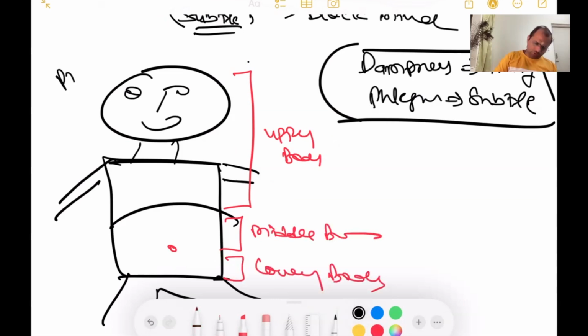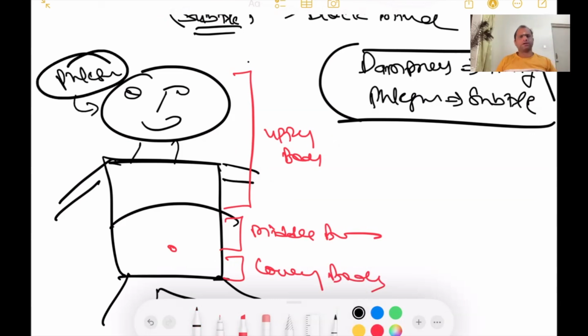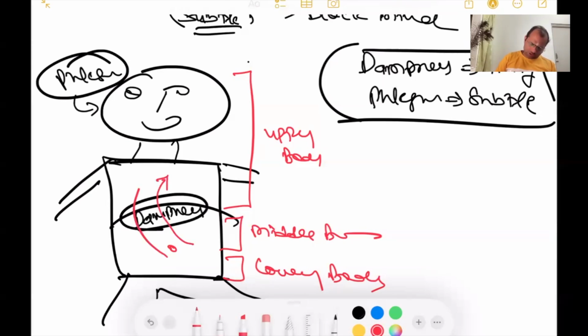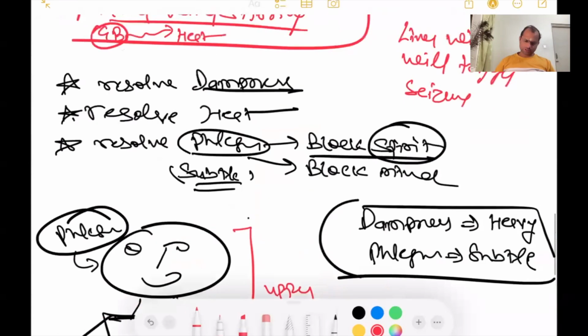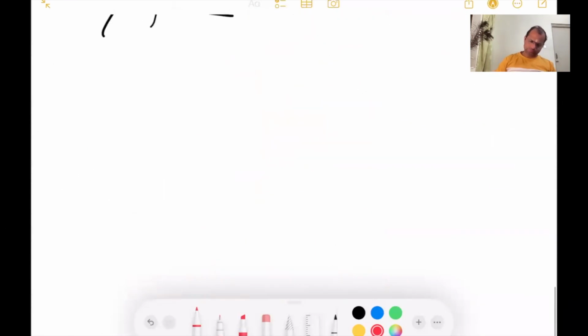So phlegm will work here. It might work anywhere, but phlegm is obstructing the mind, obstructing the spirit. And dampness will be creating blockage here. Dampness यहाँ पर blockage पैदा कर देगी. It will not allow energy to flow freely. Ultimately, we have to remove the phlegm. We have to remove the dampness. हमें dampness को निकालना है, phlegm को निकालना है. This is step number 1.